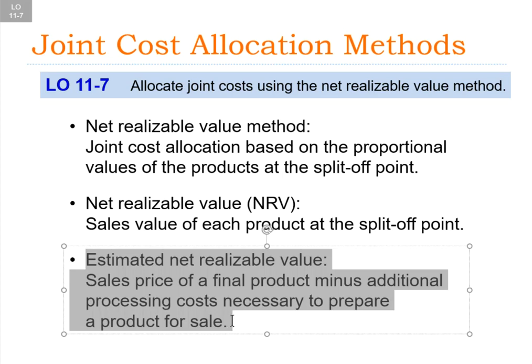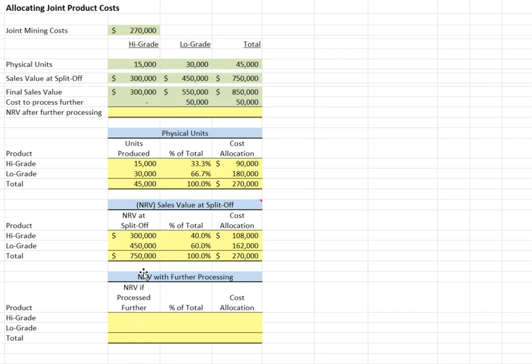Let's go ahead and look at that final method, the net realizable value with further processing. First, we need to calculate the net realizable value after further processing. For the high-grade coal, we don't process it any further, and so the net realizable value is $300,000.